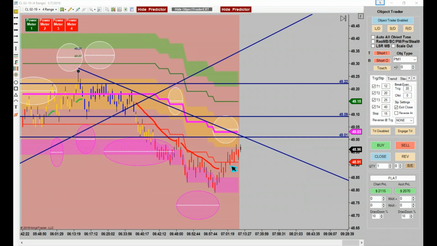Swing. Not a swing yet, but maybe right here. Let's see. Now here. Now here.